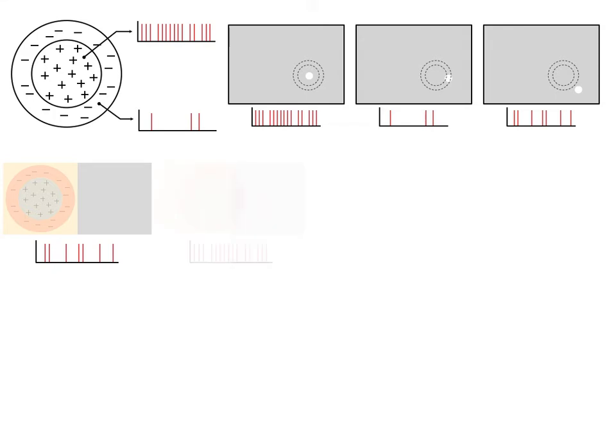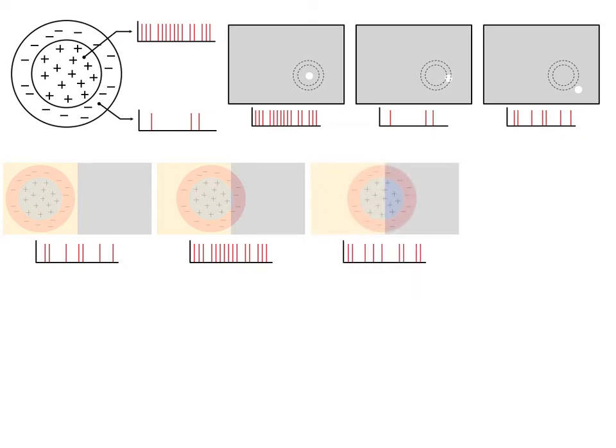But as an edge crosses over and we start to get this lack of light in the surround, but still have light in the center, the cell gets excited, quite excited. A little less excited when we start to bleed into the center, but it's still more powerful than when it was all one. And then eventually we get to this sort of negative firing, where the edge is present there, and it has this detection of the edge.